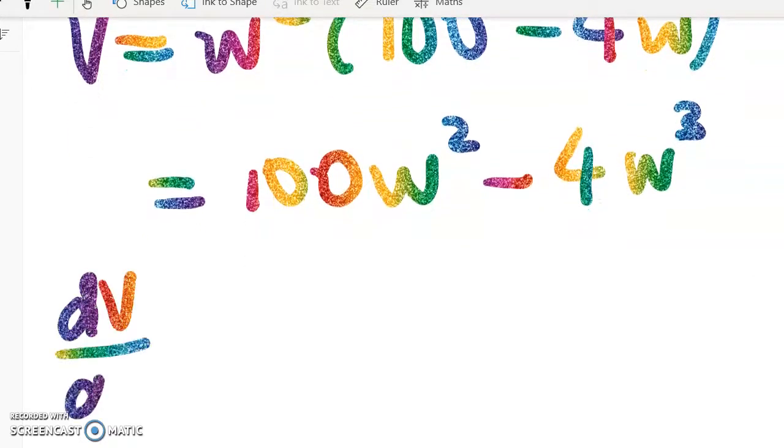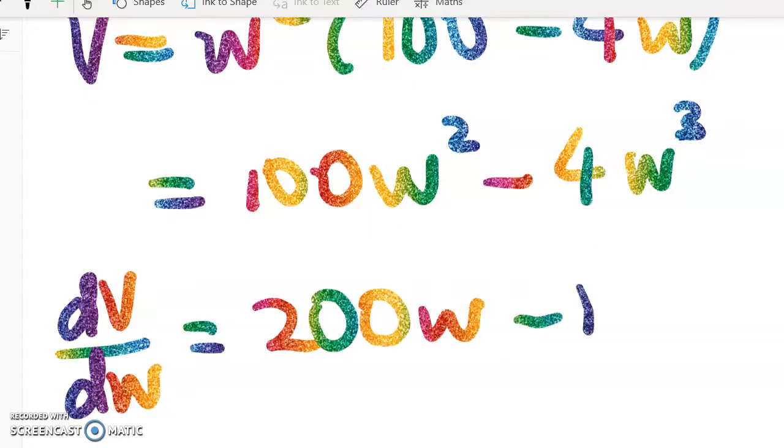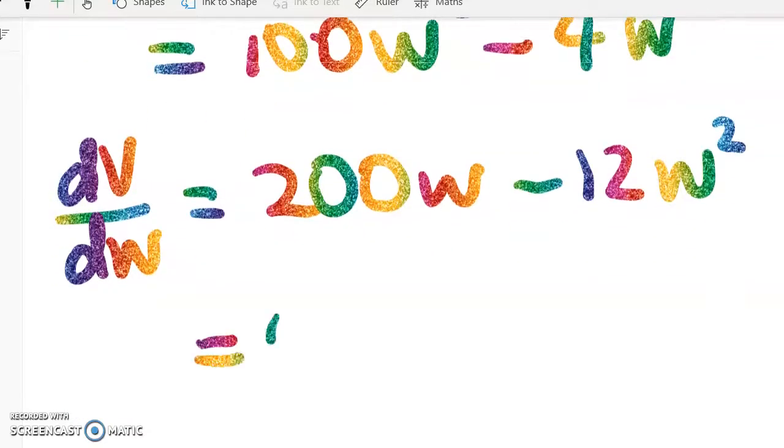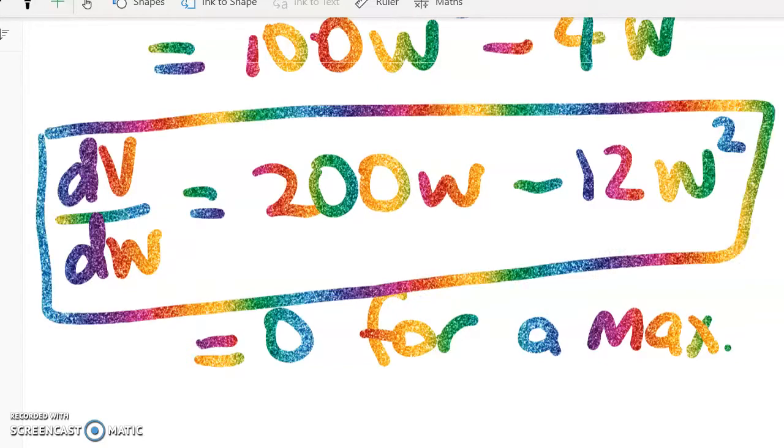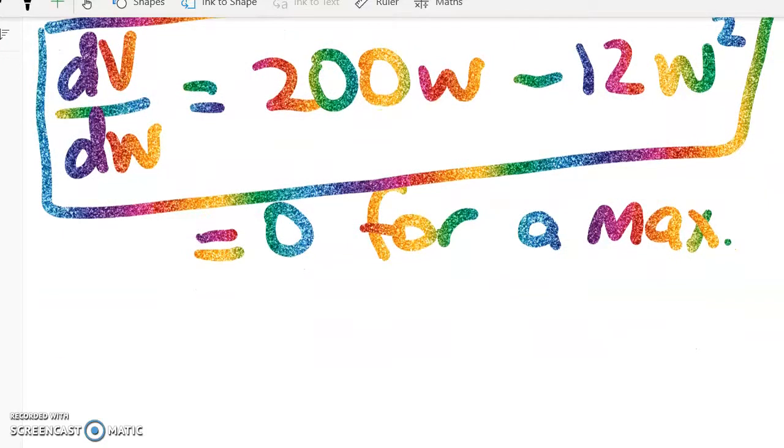Differentiating, I get dV by dW, which is 200W minus 12W squared. And we know that that has to equal 0 for a maximum or a minimum. And at the end of this question, we have to show that we found the maximum and not the minimum. Right, so what do I have to do? Well, I have to set this equation equal to 0 and solve it.